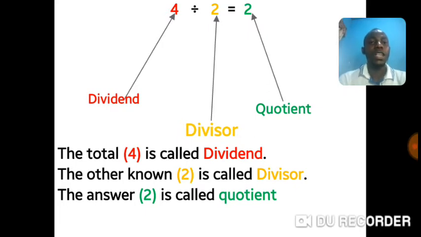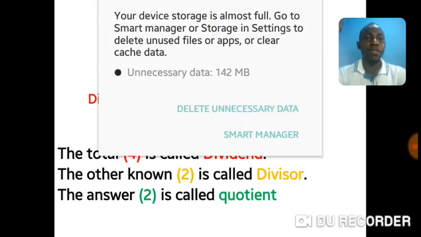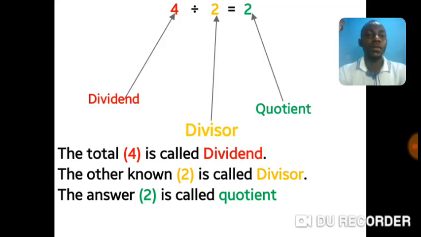Yes, we are coming to look at division vocabs, or certain terms or words that are used in division. We have up here a question, that is 4 divided by 2, which is equal to 2.